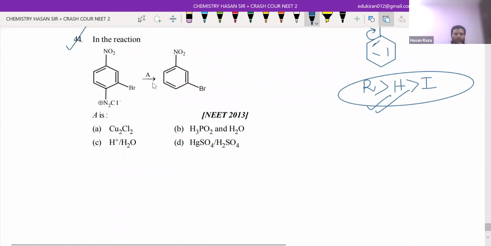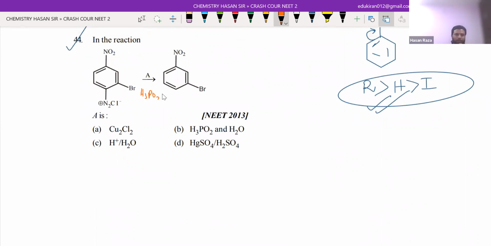So in this, generally we use H3PO2 plus H2O. By reaction of this, it oxidizes into H3PO3 along with HCl and N2. So the answer is H3PO2.